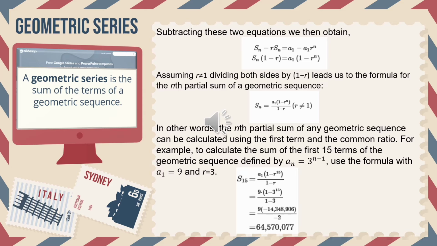In other words, the nth partial sum of any geometric sequence can be calculated using the first term and the common ratio. For example, to calculate the sum of the first 15 terms of the geometric sequence defined by a sub n is 3 to the power of n minus 1, use the formula with a sub 1 is 9 and the common ratio is 3.